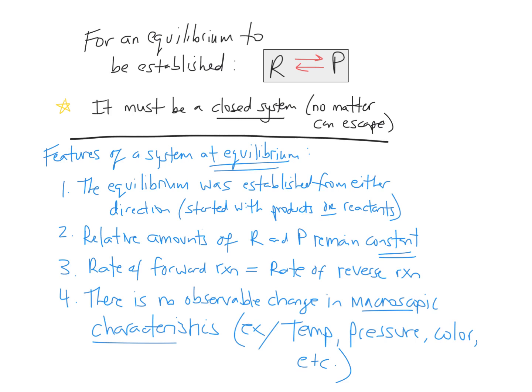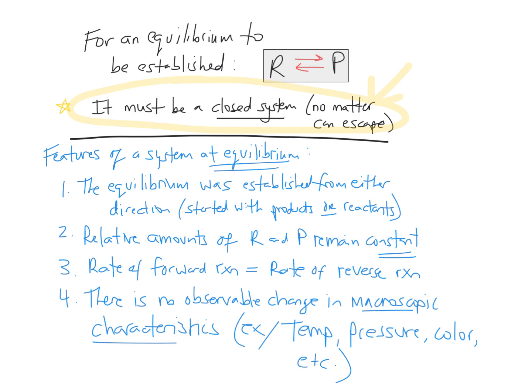Okay, so for a system at equilibrium, for an equilibrium to be established, it must be in a closed system, first of all. So what does this mean that it has to be in a closed system? It means that no matter can escape from that system. So you can't have any loss of reactants ever. You can't have any loss of products as they're produced ever. Anything that is generated or is there to begin with stays inside the vessel, okay?